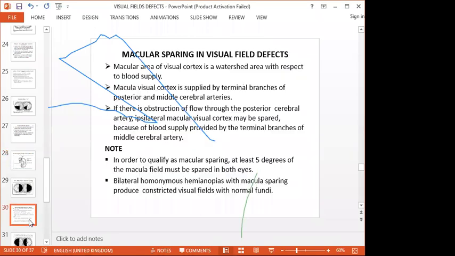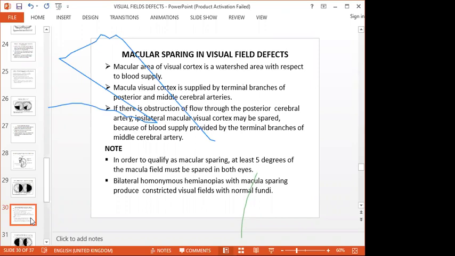Macular sparing in visual field defects. The macular area of visual cortex is a watershed area with respect to blood supply. Macular visual cortex is supplied by the terminal branches of the posterior and the middle cerebral arteries. If there is obstruction of flow through the posterior cerebral artery, ipsilateral macular visual cortex may be spared because of blood supply provided by the terminal branches of the middle cerebral artery.